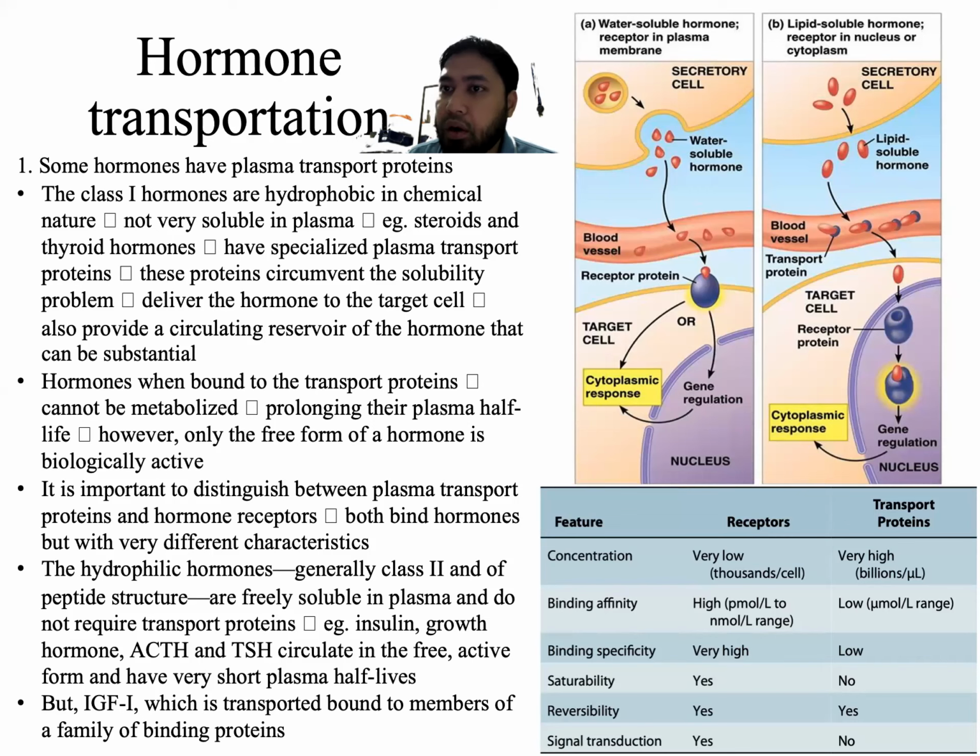On the other hand, you see on the right-hand side picture, you have the secretory cells. They excrete the lipid-soluble hormones into the blood vessel, but with the transport protein. Still, they need to have this transport protein. Why?